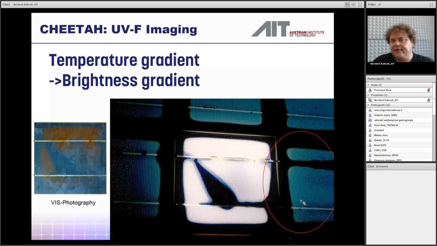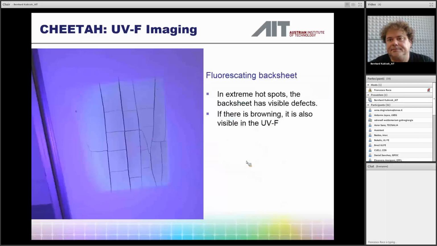And here you can see that if some region is heated passively by the cell next to it, there will be a brightness change because the production rate for the fluorescence is increased with temperature, as with most chemical processes. But you can also see in this image, if you look very closely, there was dew on the module because at nighttime very often you have dew, and we wiped it off for the hotspot cell here, but not for the cell next to it.